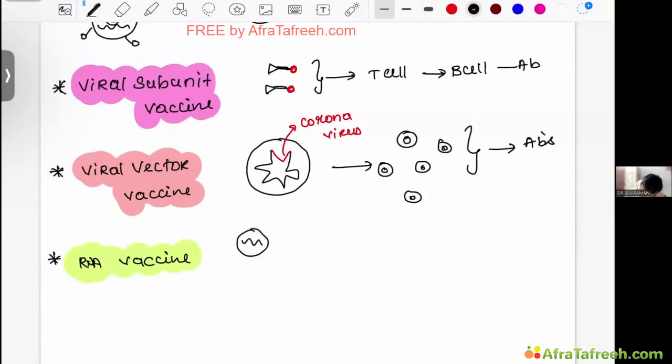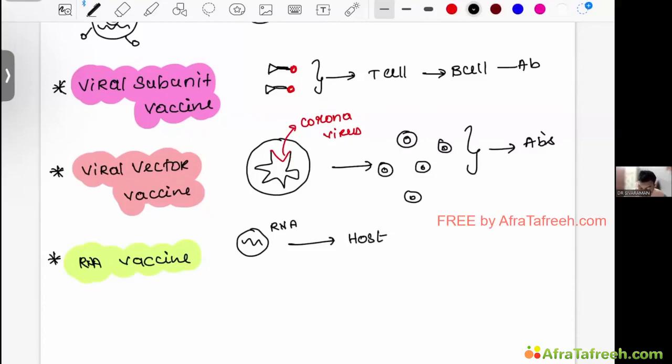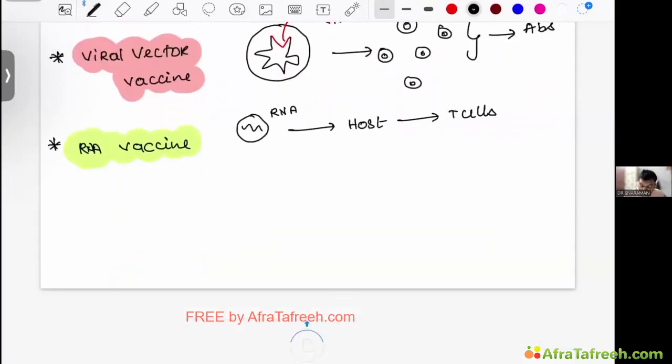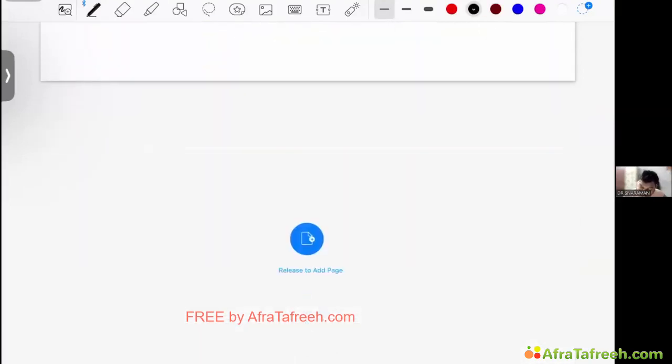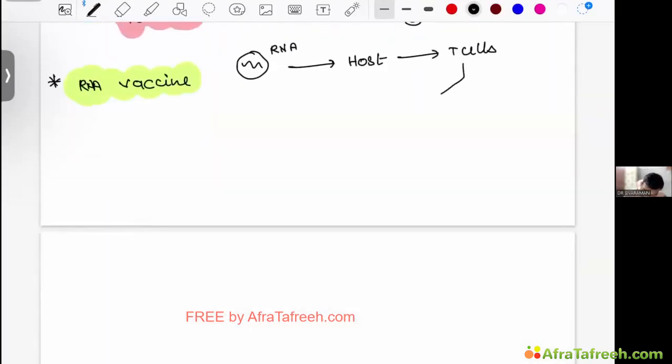These RNA strands are made into a lipid coat, a lipid delivery vehicle, and it is given to the host or the human, where this RNA will go and multiply. It is going to induce the T cells, and whenever T cells are induced, they are going to be stored in memory.